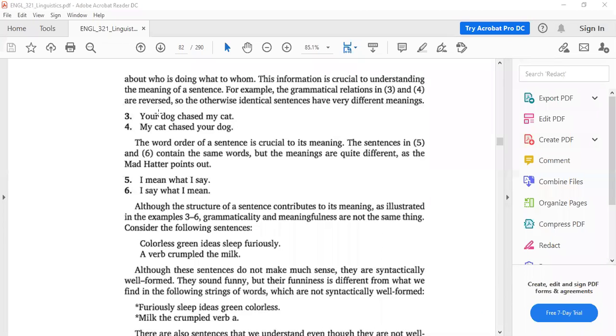But 4 is also grammatical. We have subject, we have verb, we have object. I know that 3 is more normal, but 4 is fine also. What if the cat likes to chase or follow dogs? This is the exception rather than the rule.